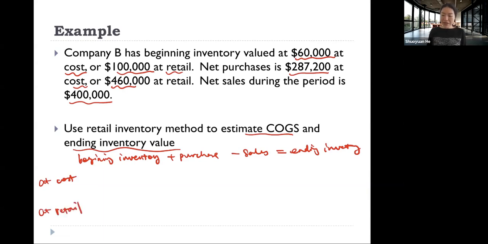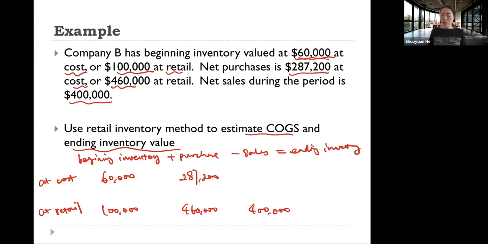So we know its beginning inventory is valued at 60,000 at cost and 100,000 at retail. Net purchase is 287,200 at cost or 460,000 at retail. Net sales is 400,000.